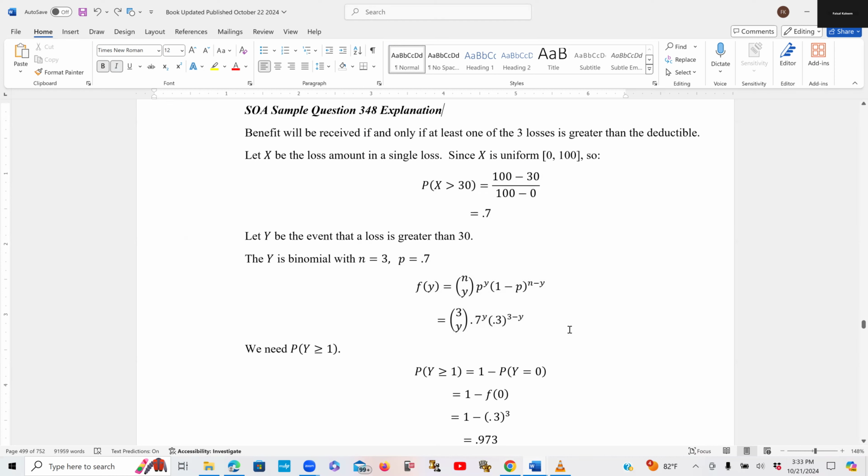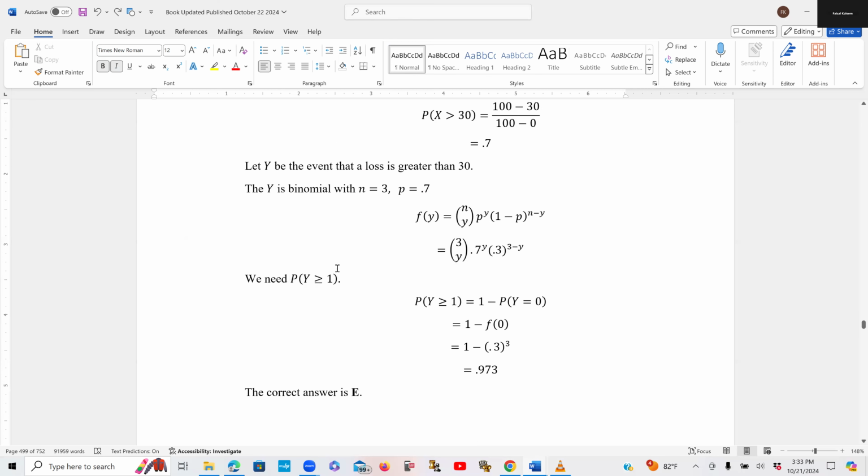And we need the probability that there is a payout, which means there's at least one payout among the three policies. And that would be the probability that Y is greater than or equal to 1. You can do it directly because greater than or equal to 1 will mean 1, 2, or 3, but it saves you time if you go through the complement.